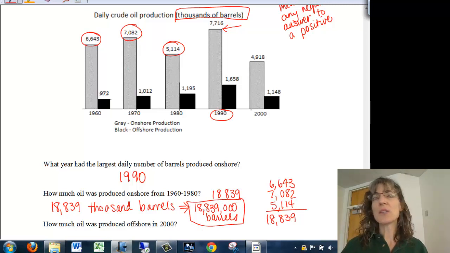Okay, good. I like how you guys were thinking through that, and you noticed a lot of information on the graph that I didn't point out. That's very good. Can you do the other questions, do you think, or do you need help? Go ahead and give them a try. If I find one that a bunch of you are getting stuck on, we'll work it together.